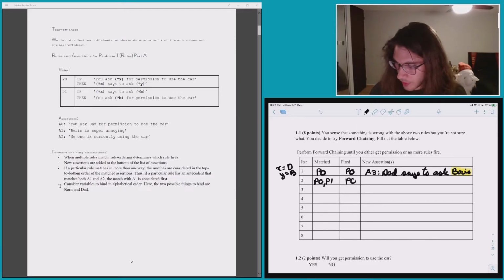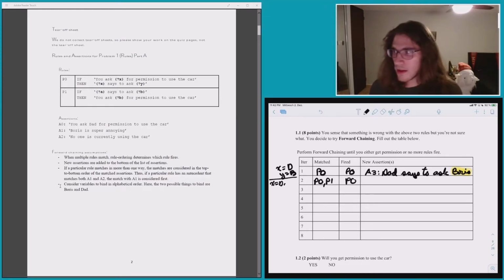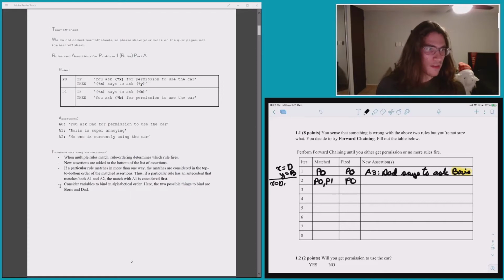and P0 fires again, but this time it's because X equals D. That one is bound off the bat because assertion 0, the one that matches, says to ask dad for permission to use the car.